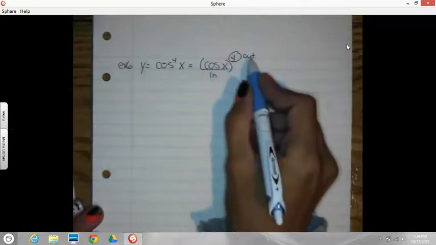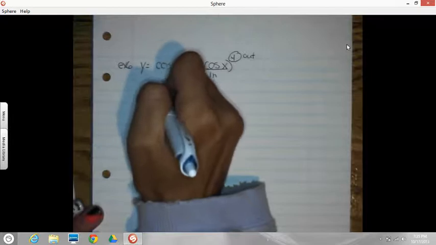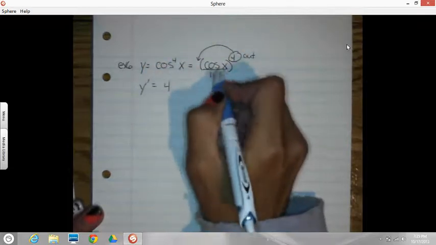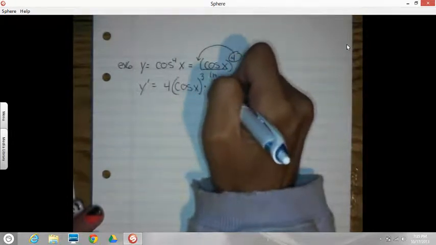So the outside is a power. I'm going to do the power rule. The power rule says take that power, bring it down in front as a multiplier, keep the inside the same, one less power. So I took care of the power rule. I've only done the outside derivative. Now I still have to multiply by the derivative of the inside.